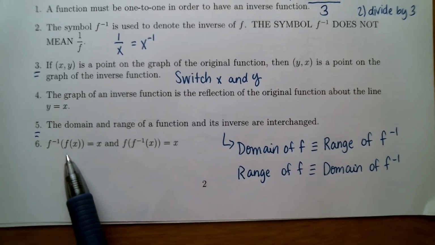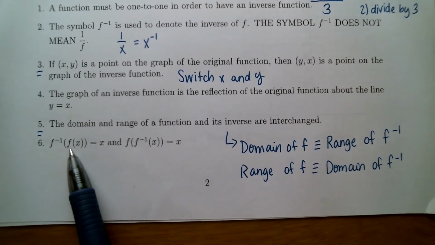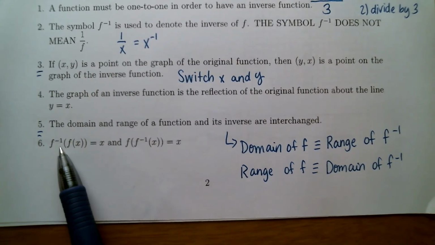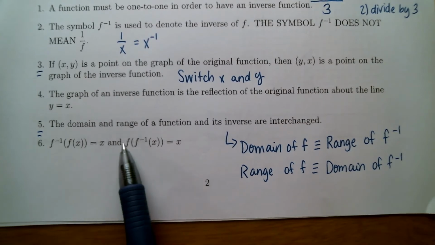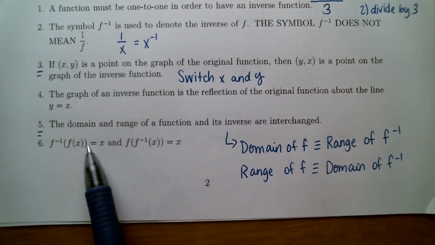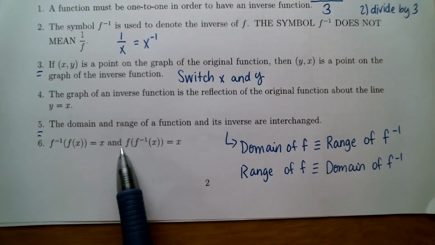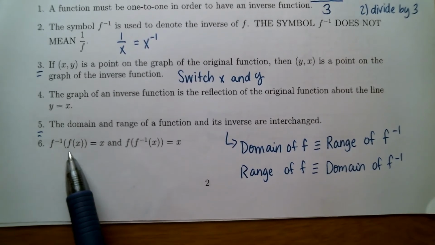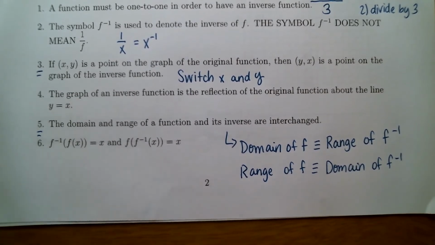Last thing. If you have a function f and its inverse, f inverse, the way you can verify that they are inverses of each other is this. If you compose them, we did composition in the last section, and we know that the order of composition matters. You may not get the same thing.